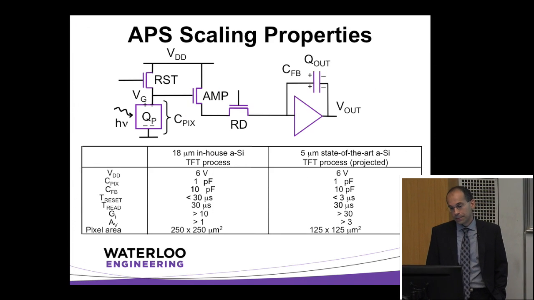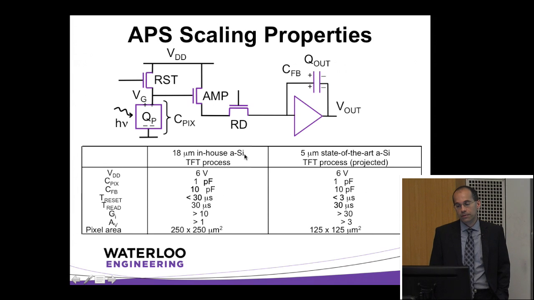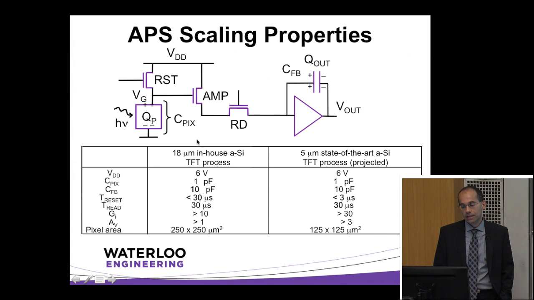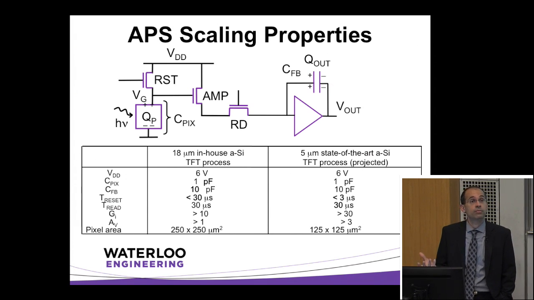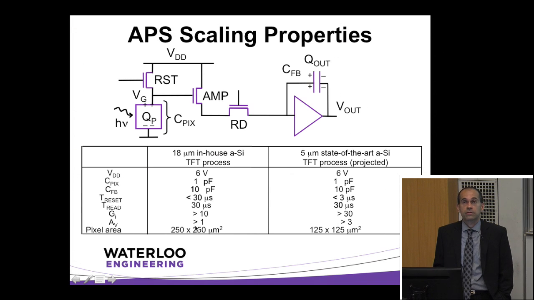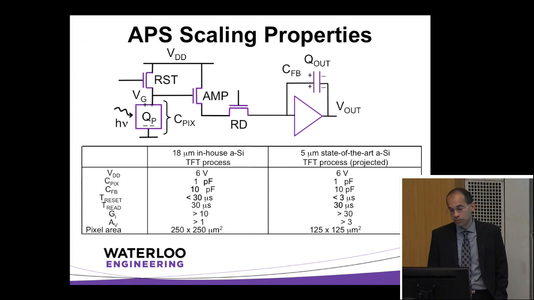And then, of course, we did some scaling exercises, and what we discovered is that you could make a pretty decent amplifier if you had access to a reasonable commercial process. At the time, we didn't, so we just did an in-house process, and it was a decent amplifier. It wasn't a great amplifier, but it was enough to prove the concept.